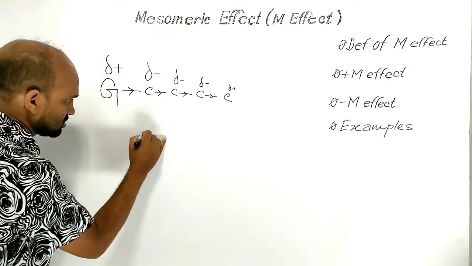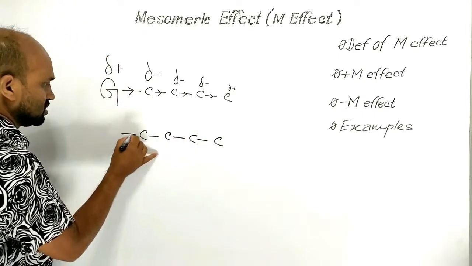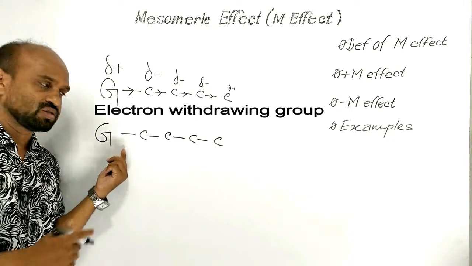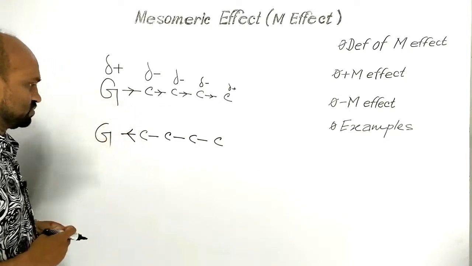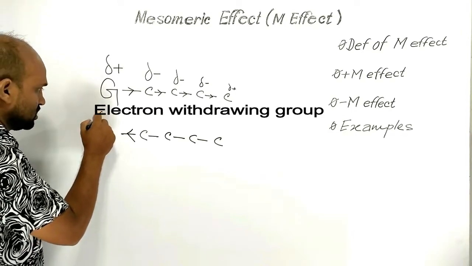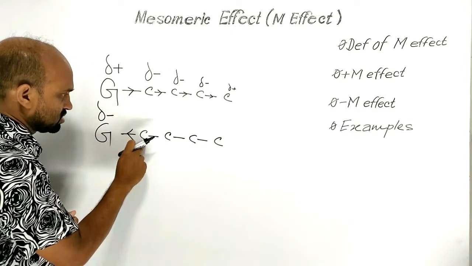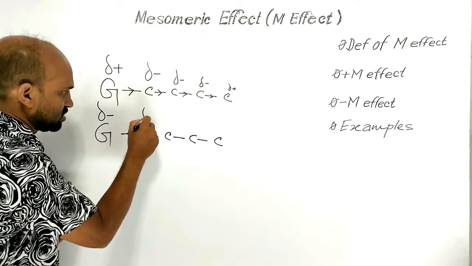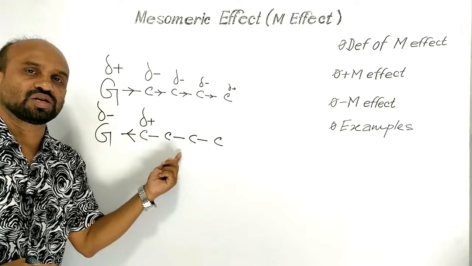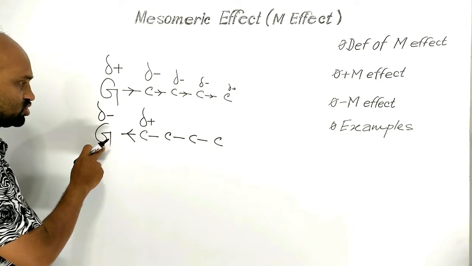Again, suppose this is another compound. Here, this is another group, which is an electron withdrawing group. As this is an electron withdrawing group, it becomes partially negatively charged. The adjacent carbon becomes partially positively charged. At the same time, these sigma bonds are affected by this electron withdrawing group.